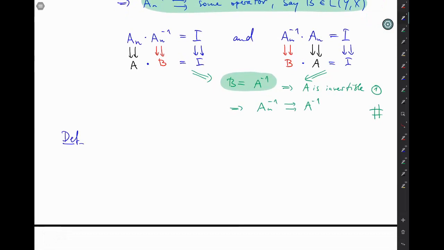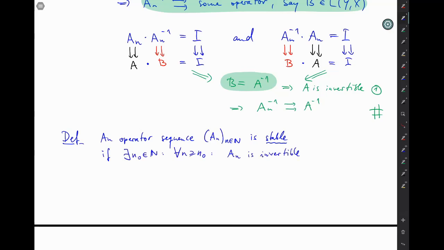So we say that an operator sequence A_n is stable. And here comes property 4. So if there exists an integer n0 such that starting from this integer, the operators from our sequence are invertible and the sequence of inverses is bounded. Okay, and of course you can talk about the inverses only if n is n0 or bigger.